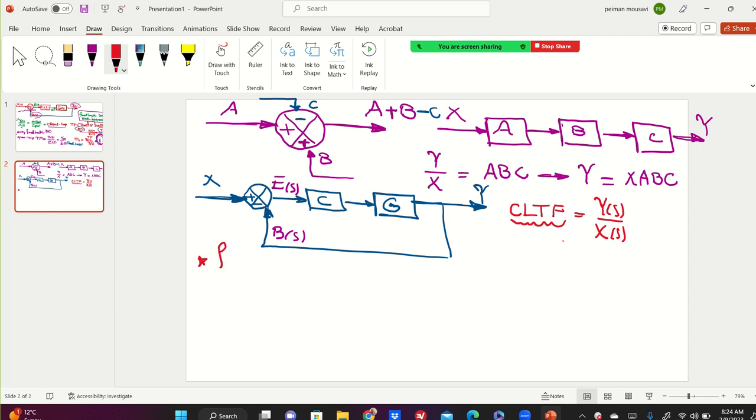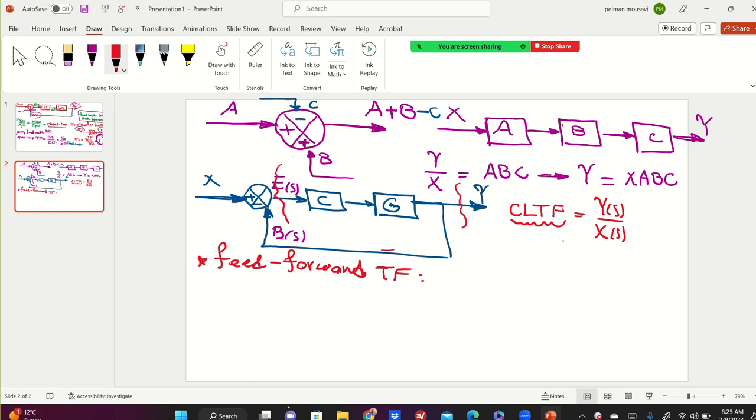Please learn that. Feed forward transfer function. Guys, look here. This is feedback. Feed forward means, look at the block diagram, only going forward.